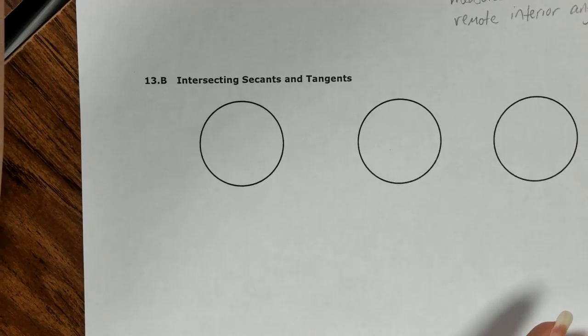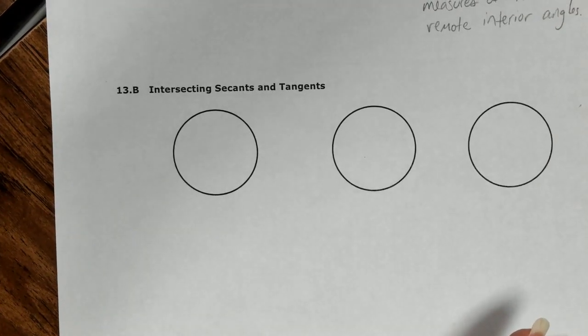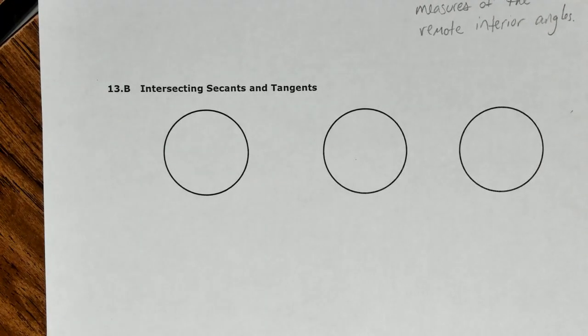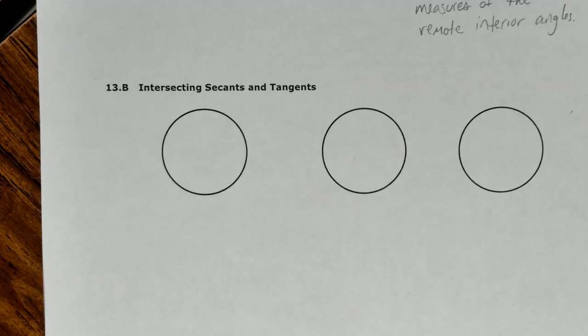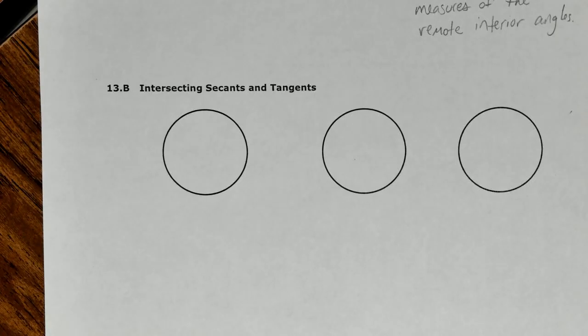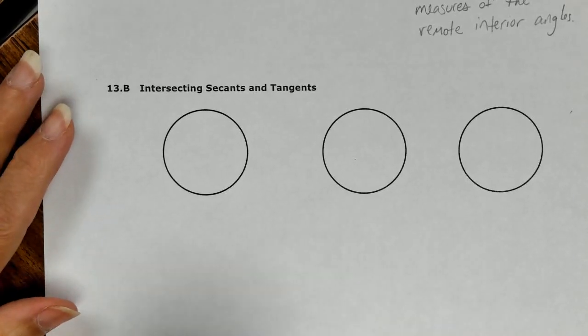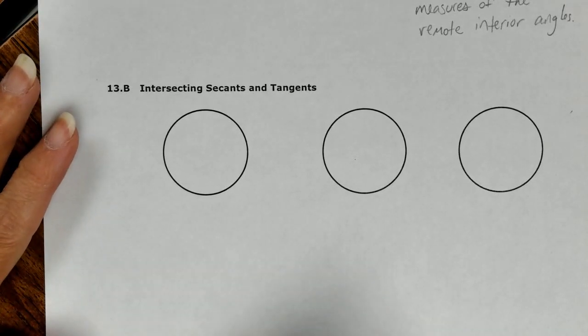Okay. Move that over just a little. And so I guess I'll do a sketch of that. Let's start with two secants. Now these are going to be intersecting outside the circle. And I guess I'll just freehand them. This is just a sketch to talk about.